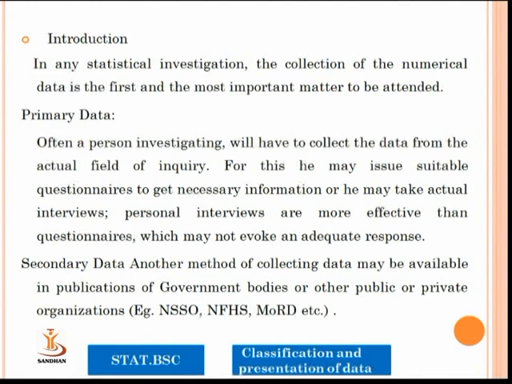Often a person investigating will have to collect the data from the actual field of inquiry. For this, he may issue suitable questionnaires to get necessary information, or he may take actual interviews. Personal interviews are more effective than the questionnaires, which may not evoke an adequate response.